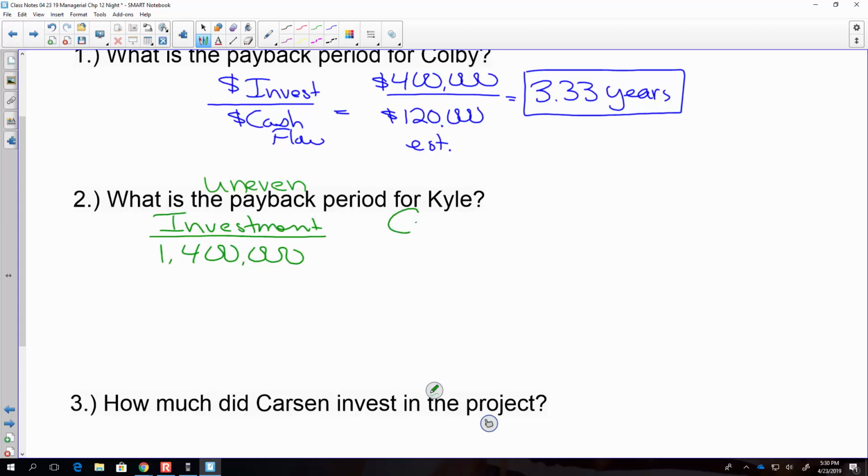I'm going to go with cash flow in the column next, and then find the year in the 3rd column, or years. Those are payback years. In the first year, the cash flow was 350. Obviously, that's not enough to cover the 1.4 million. So I burn up 1 year in our payback period. What's left?